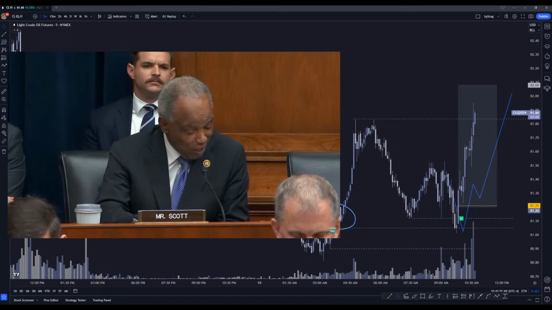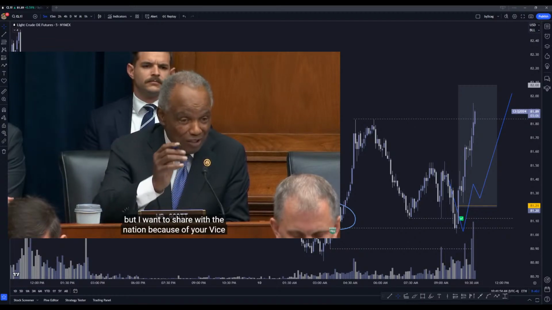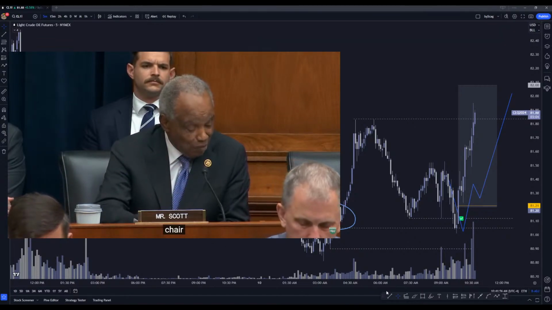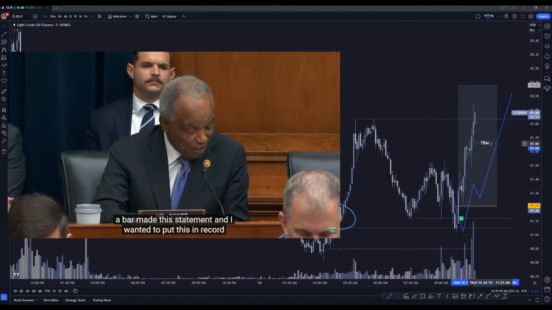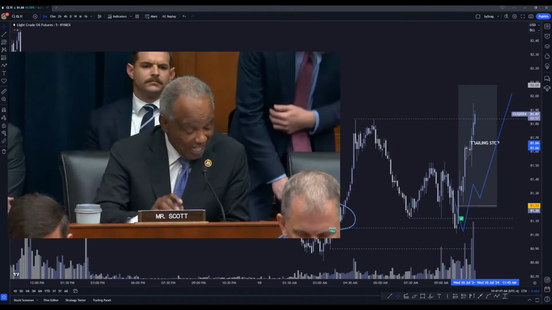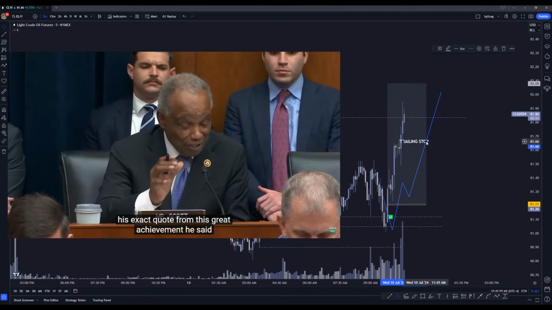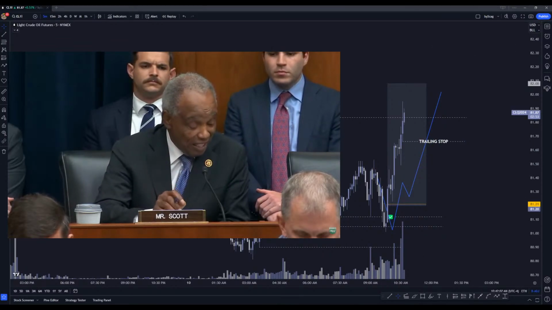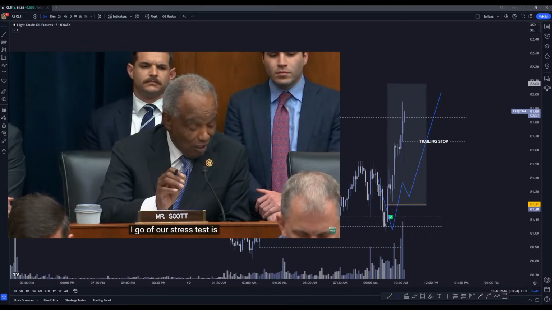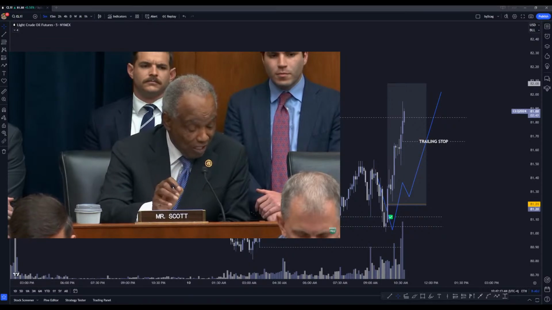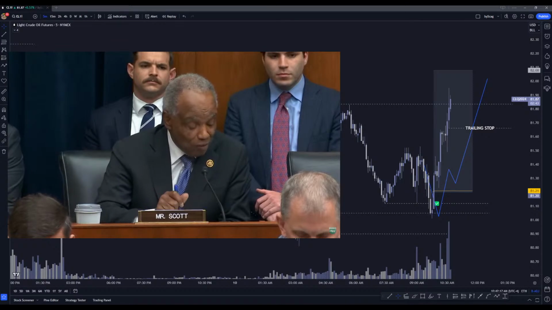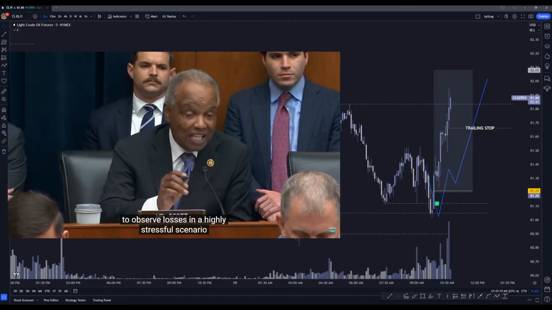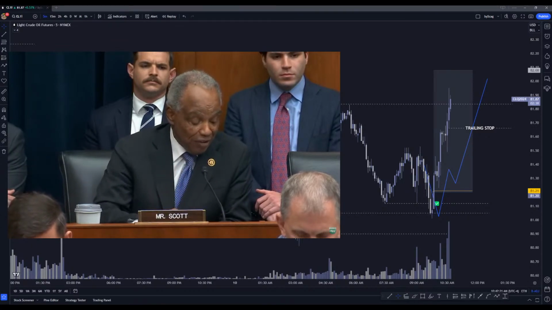Yeah, I wanted to get those figures out and provide you with, you may have heard this, but I want to share it with the nation because your Vice Chair Barr made this statement, and I wanted to put this in the record, his exact quote from this great achievement. He said, "Our goal of our stress test is to help ensure that we have enough capital to absorb losses in a highly stressful scenario.